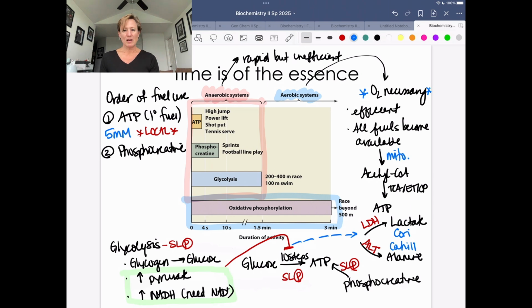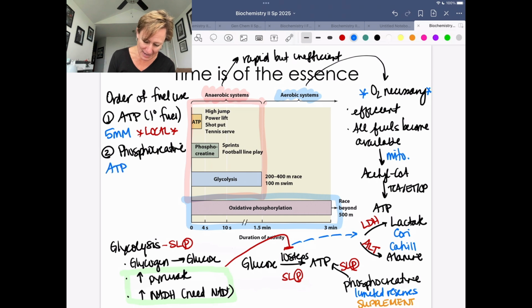But just like you have limited reserves of ATP, you have limited reserves of phosphocreatine, but this is also why people will supplement. Now, it's not unlimited, but you will see bodybuilders, anybody who wants to do weightlifting, will use phosphocreatine, because what you're creating is an ATP reserve.